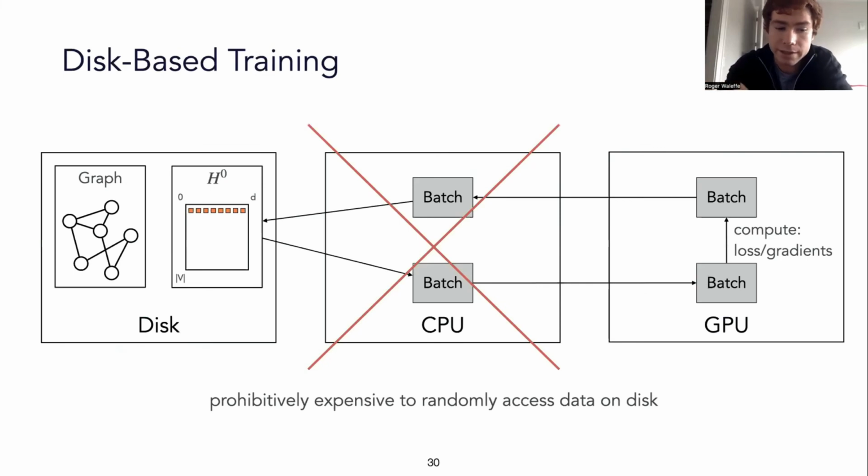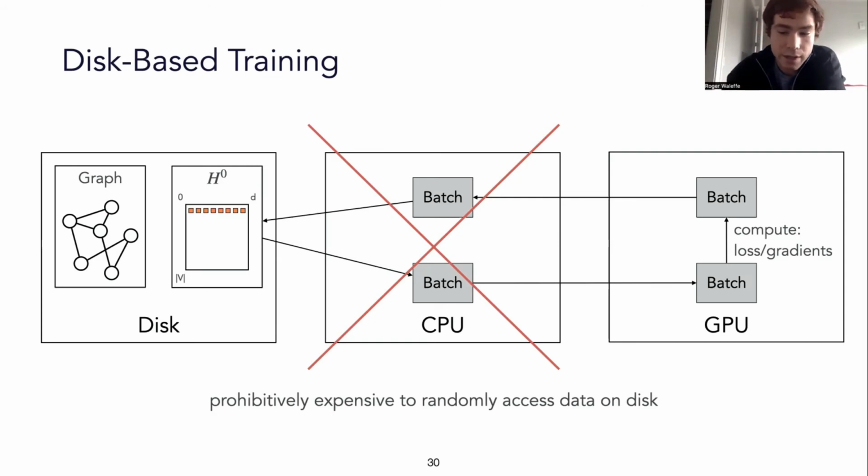But unfortunately, disk-based training is not just a matter of storing the graph on disk and then doing the same thing we did for mixed CPU-GPU training, i.e. reading and writing batches directly to the graph data on disk. Because such a training process would require randomly sampling training examples, their neighborhoods, and their base vector representations from block storage directly. And this is prohibitively expensive given the hardware constraints and properties.